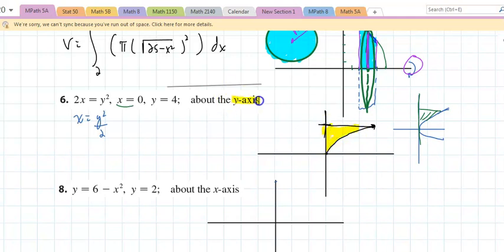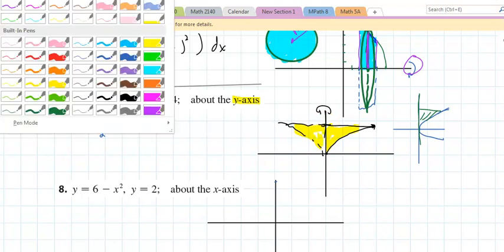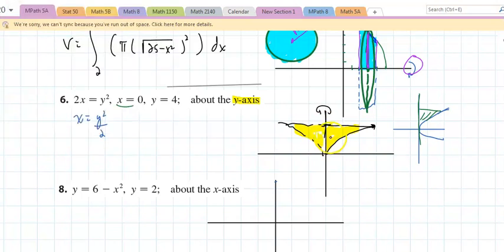And in this case, I'm rotating this about the y-axis. Wouldn't this create an image just like it? It'll occupy all of the space, but keep in mind how this works. You're going to run this from the original x equals y squared over 2, and we're going to pick our rectangle perpendicular to the axis of rotation.